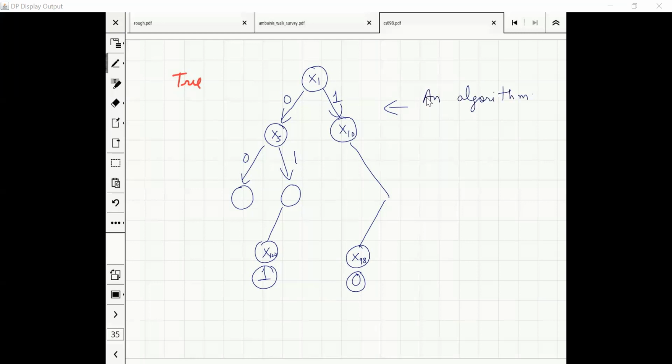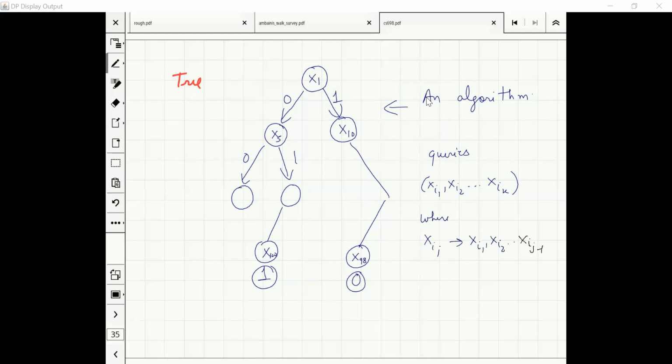The other way to say it is that an algorithm on a particular input queries some bits xi1, xi2, up to xik, where xij can actually depend on the values of xi1, xi2 up to xi(j-1).